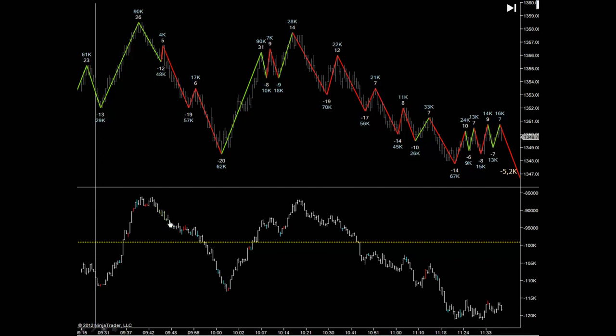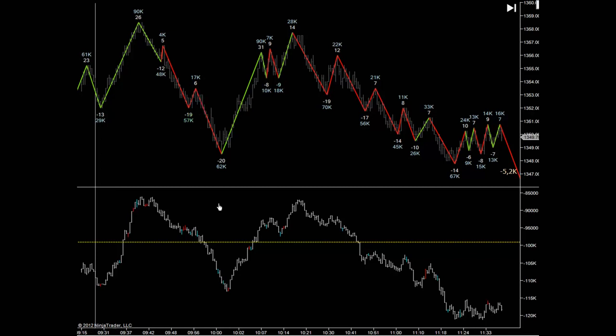And again, that's just indicative of the fact that there weren't really more sellers than buyers in that pullback. It was just effectively that there was no ceiling, and the market just kind of got sucked back up into there. If we look at the next leg down, we've got 57,000 contracts traded, and then the next pullback up, 17,000 contracts.